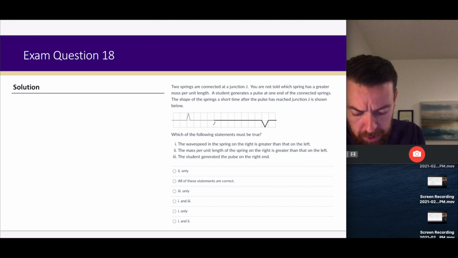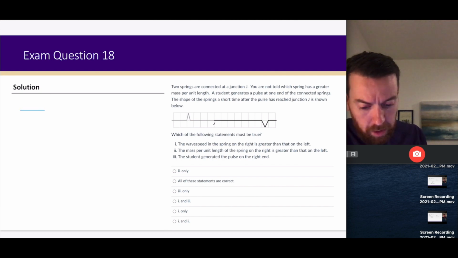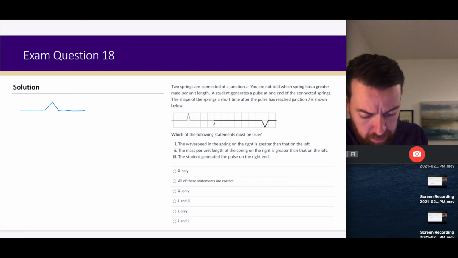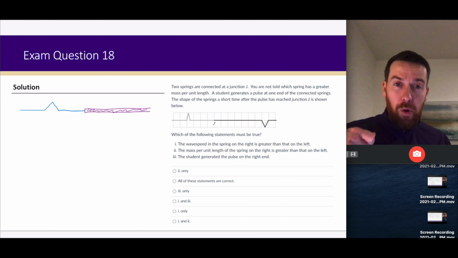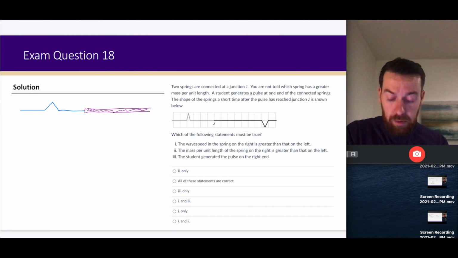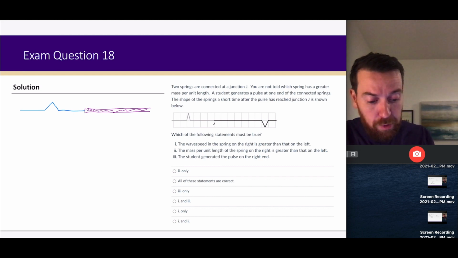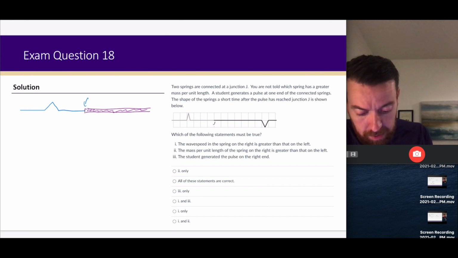So let's imagine we have a pulse that is moving in a light material towards a heavy chain. This is going from light to more dense, so light, maybe fishing line, towards a chain. In this example, the boundary is going to behave as a fixed end.